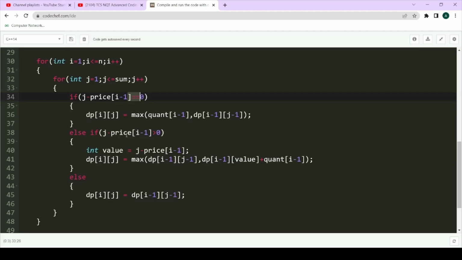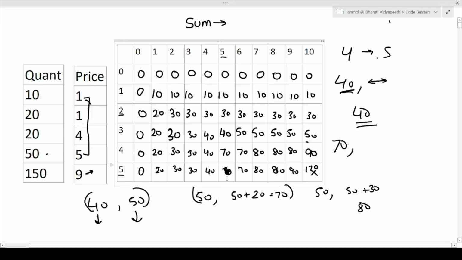So once it is equivalent to 0, that means we have spent all our money in this if condition. We have spent all our money in buying a single item. So in that case, what will be the maximum value? That is dp of i j, the value of that cell, will be equivalent to the max of, as I have told you, ignoring the current item. When we ignore the current item, we will just look at the value above it. That is, if we are filling this cell, we will just look at the value above it. That is 70 here.